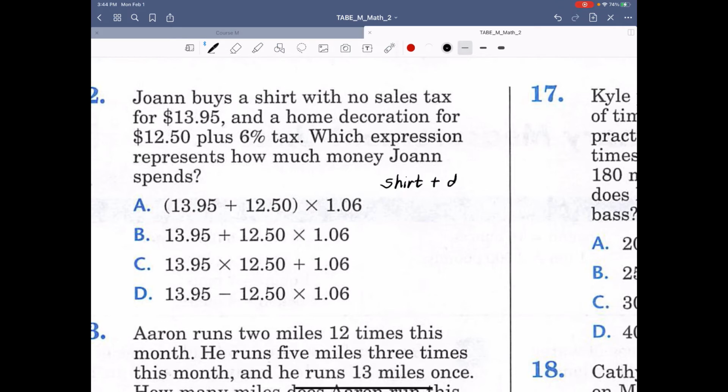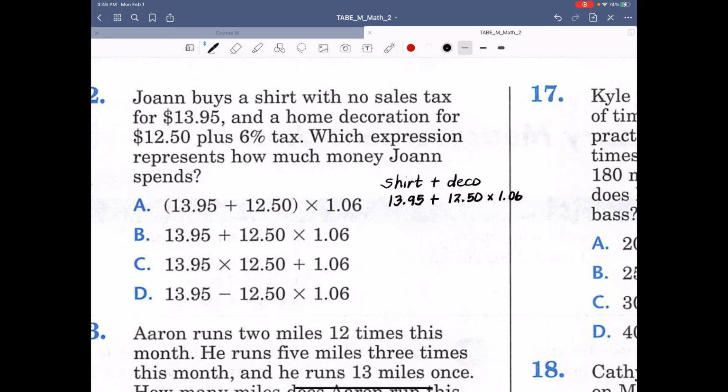plus the home decoration. The shirt is $13.95 and there is no tax on that. Plus the decoration is $12.50 times the sales tax, which is 100% of the price at 6%.